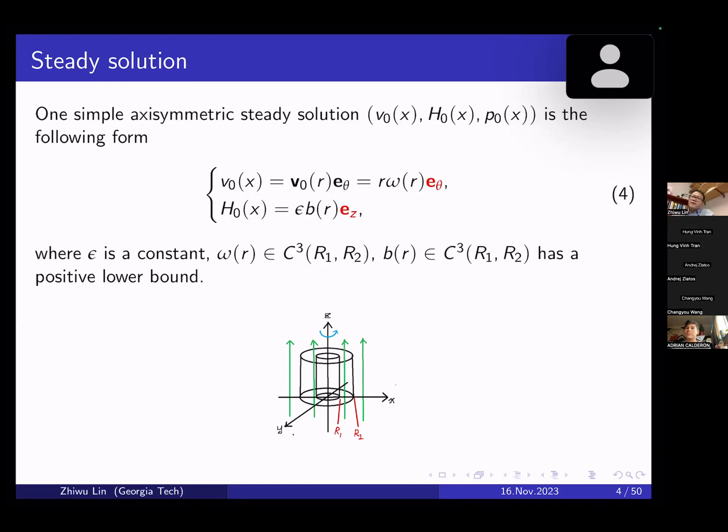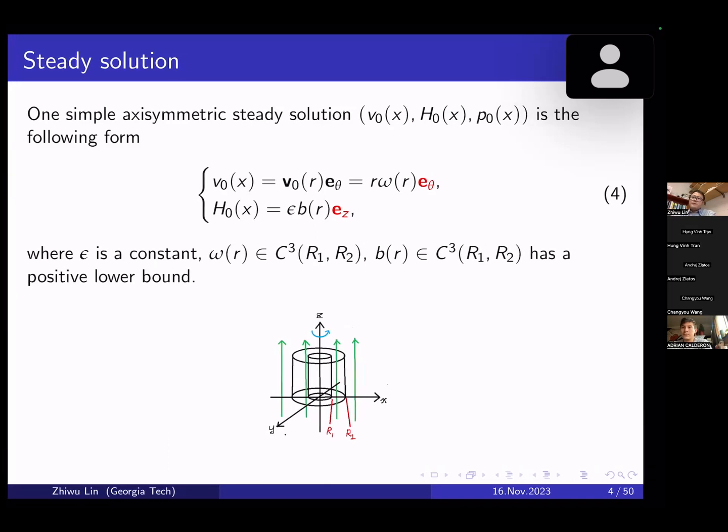And our magnetic field is vertical, epsilon times B(r). B(r) you can think of as the strength profile, and epsilon is the parameter for the strength of the magnetic field. We assume B has a positive lower bound, so the magnetic field is not 0. This is a steady state, which we can easily check by plugging into the MHD equation.